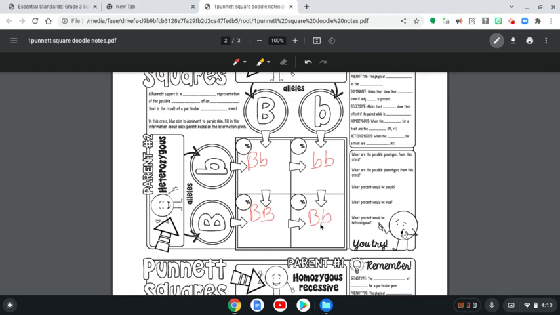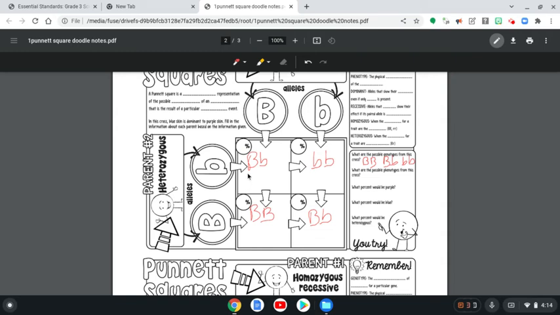Okay, so what are the possible genotypes? We have 3. We have dominant, dominant. We have dominant, recessive, and we have recessive, recessive. What are the possible phenotypes?